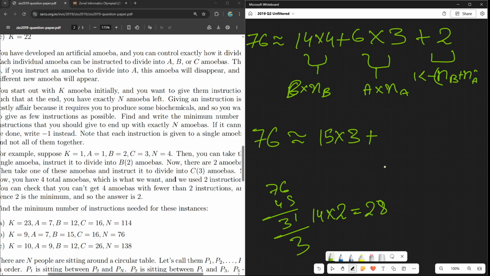Yeah, you will have remaining 3. 14 into 2 plus what is k minus 3 plus 2? K minus 3 plus 2 is 4. Now what we are getting is 77, which is not possible again, right? That is not possible.